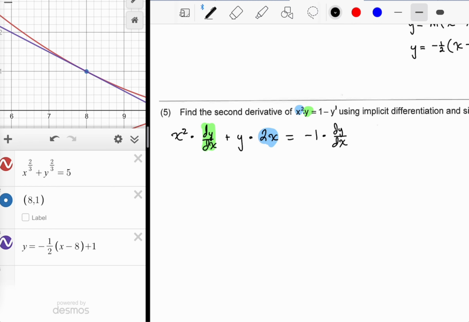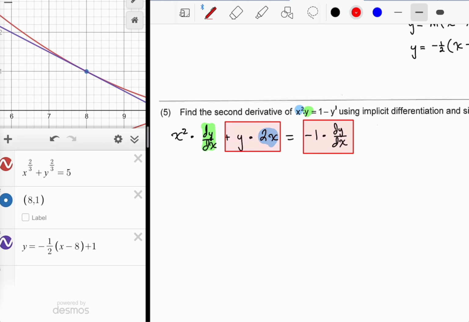So now I have to consolidate those dy dx's. So, I mean, it's helpful to kind of clean it up a little bit, but in previous problems, it was really necessary. In this case, I would just rewrite it so that the 2x and the y are more consolidated, 2xy. I don't think that's a necessary step. But what I would do here is just swap these two parts of the equation. All right?